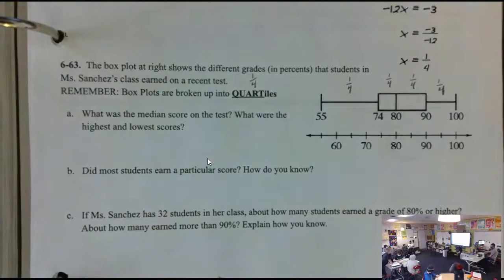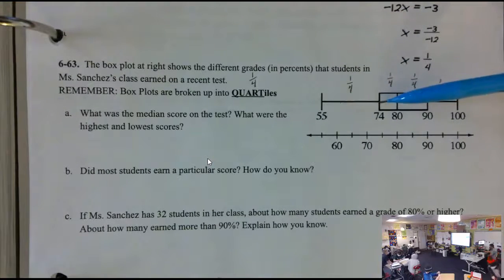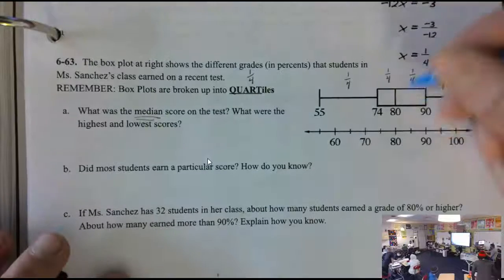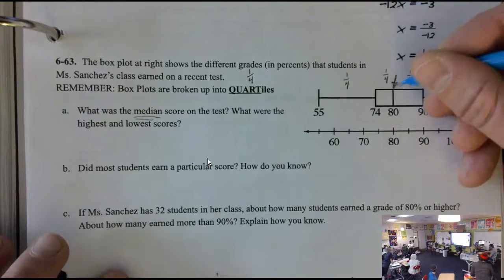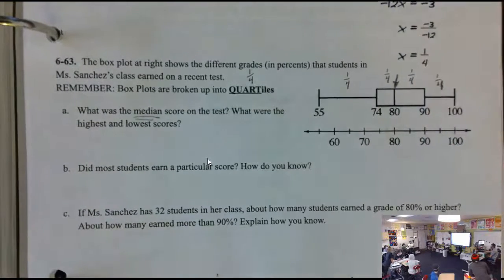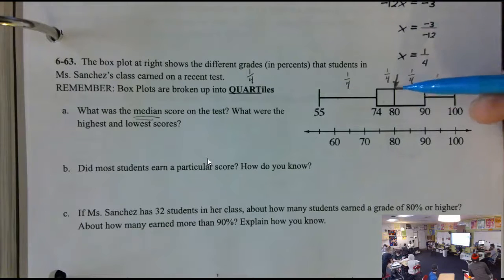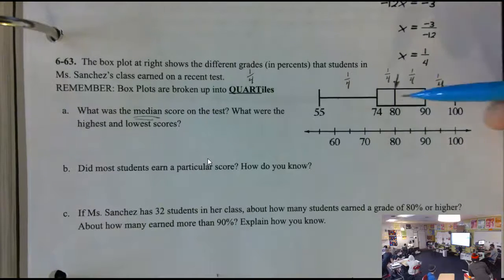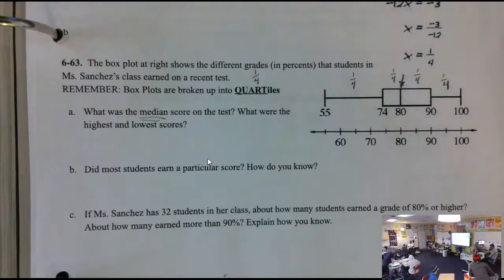In percentages, it'd be 25%, 25%, 25%, 25%. Meaning our median, our middle value, is the split between the boxes. It's 80, because that is in between the upper and the lower 50%.